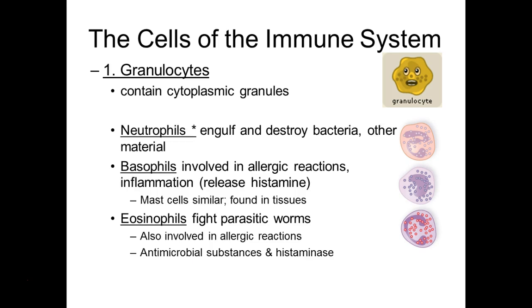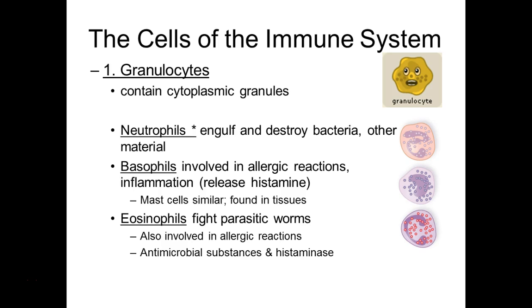So then eosinophils, we find these guys really increase with parasitic worm infections. And again, due to the fact that their granules are effective against fighting those types of invaders. You'll also see them increase in allergic reactions. But that's because these are the counterpart. Once the basophils release their histamine, and they call everything on scene, they cause that inflammation.